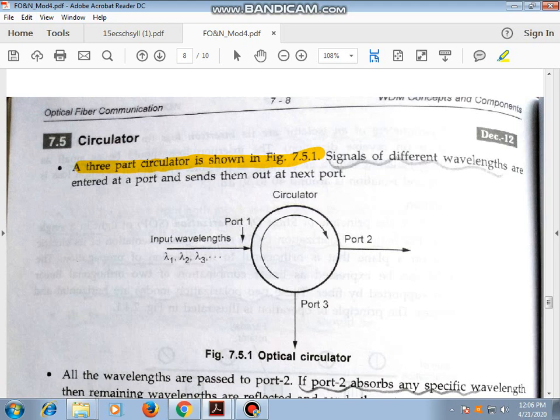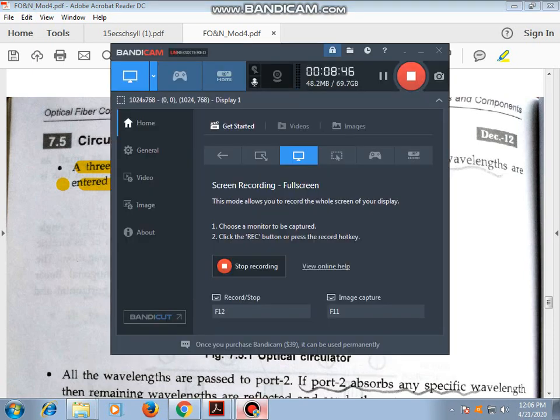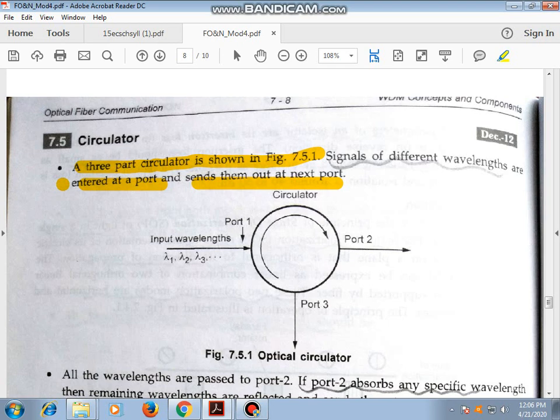Signals of different wavelengths are entered at a port and sent out at the next port. Signals of different wavelengths, lambda 1, lambda 2, lambda 3, are entered at the input port and sent out from the 2nd port and 3rd port.